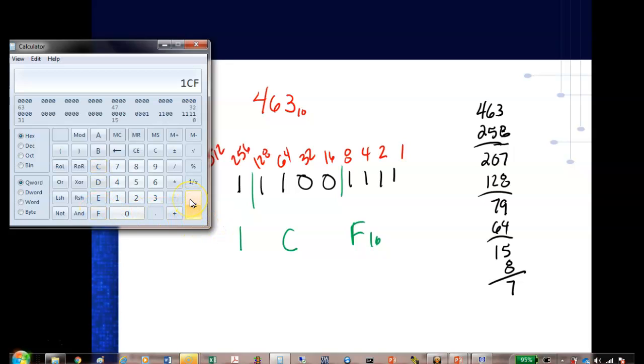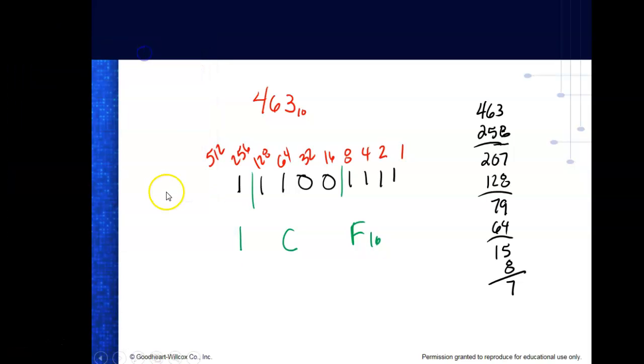Okay, so that's hex. In decimal, that would equal 463. So that's right. So you've got to watch out for that, right? Very common mistake. I realized something was going on when you did it so fast. Of course, it would have been faster with a calculator.